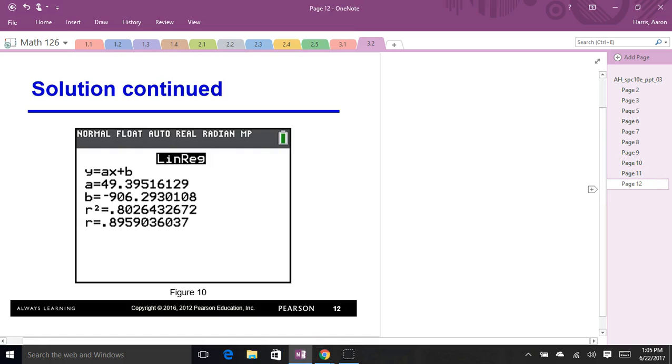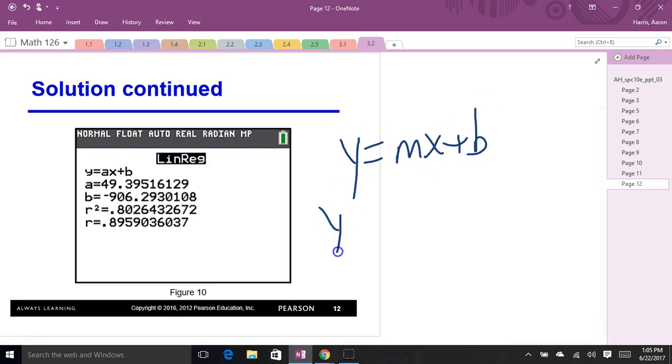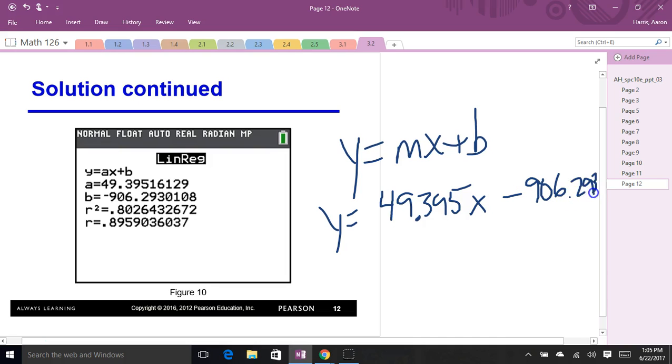So that's what gives us our model. So we've got y equals mx plus b. Our m was 49.395. Our y-intercept is negative 906.293. So here's the line of best fit.